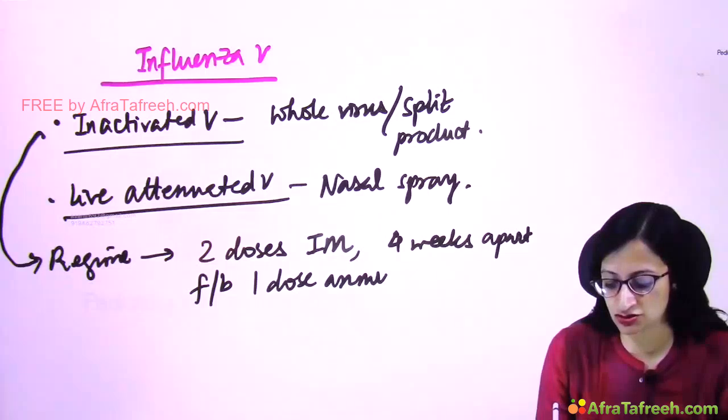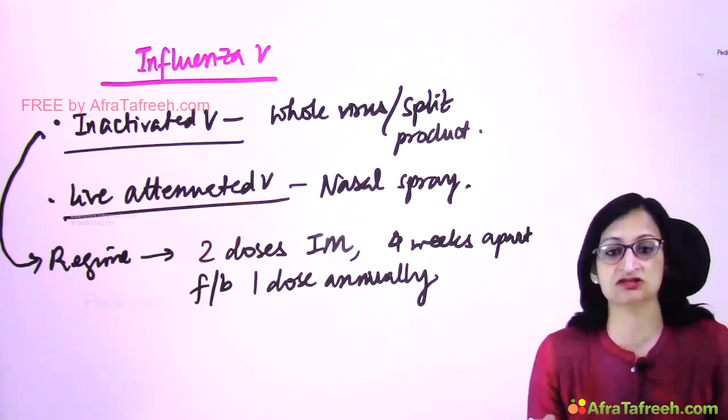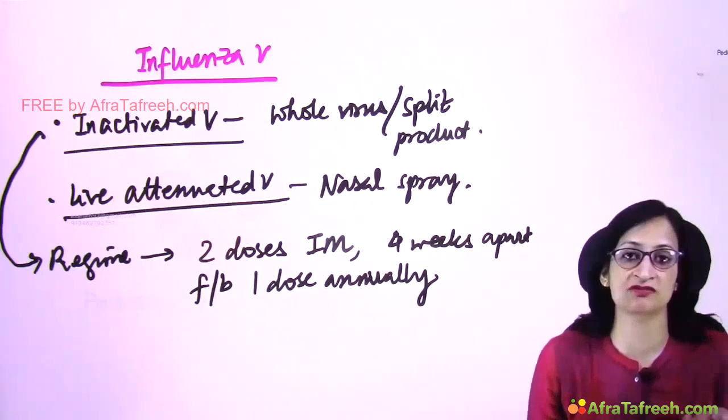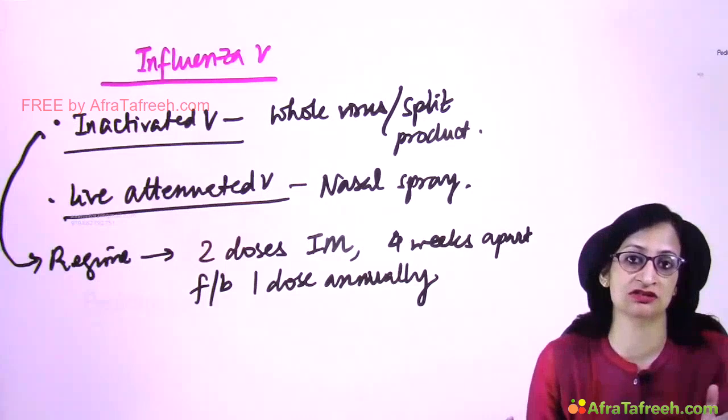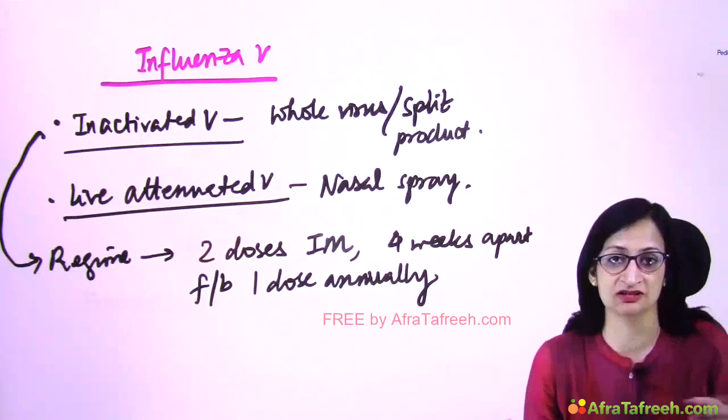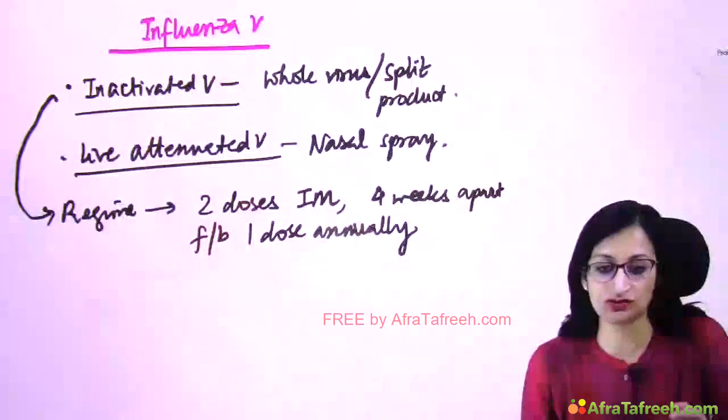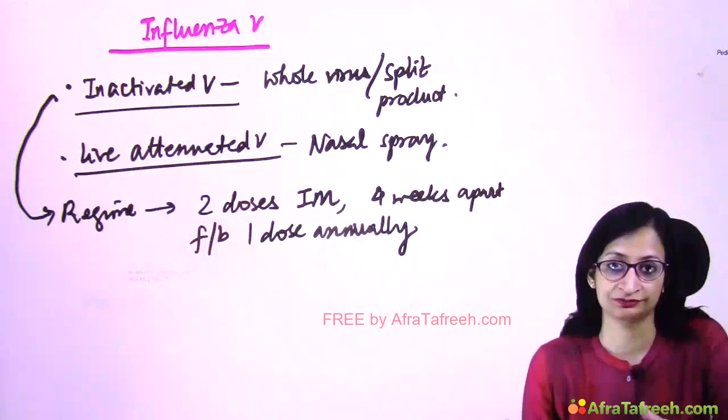So every year the strain of influenza virus is revised based on the prevalent strain in that particular time frame or in that particular zone. Okay, and based on that, annually the vaccine strain is updated. So that is why annual dose of influenza vaccine is required.